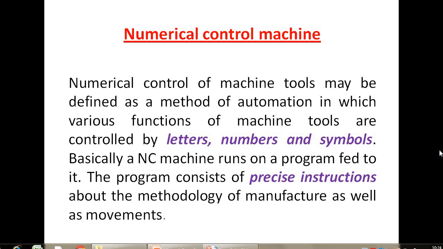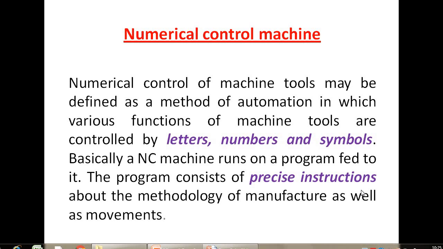Means what? By doing the automation, we have to feed generally a program which is in the form of letters, numbers and symbols. Basically NC machine runs on the program fed to it. The program consists of precise instructions about the methodology of manufacture as well as movements.